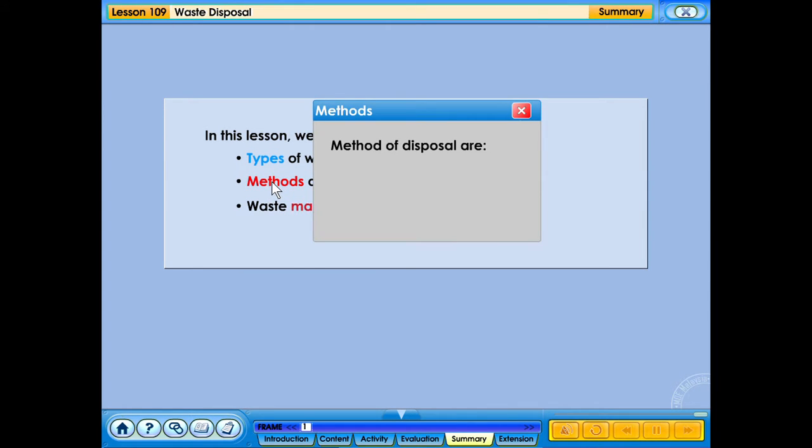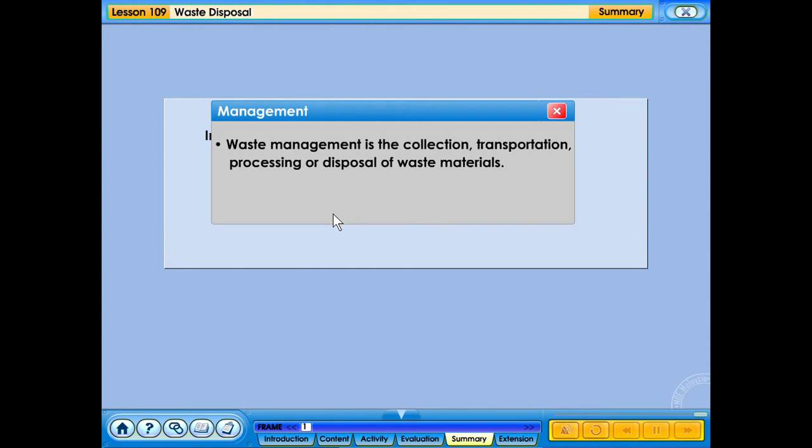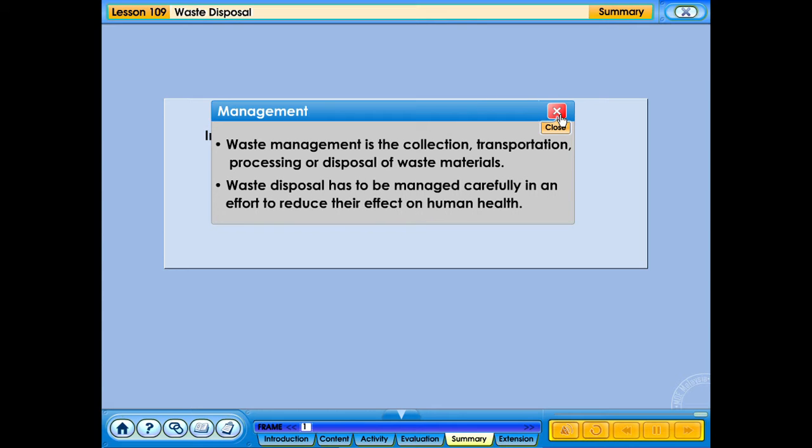Method of disposal are landfill, compost, recycle, waste container. Waste management is the collection, transportation, processing or disposal of waste materials. Waste disposal has to be managed carefully in an effort to reduce their effect on human health.